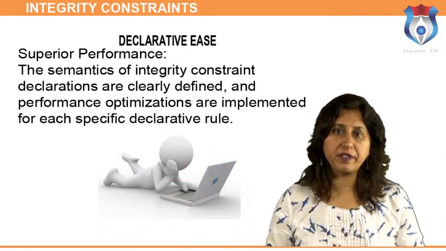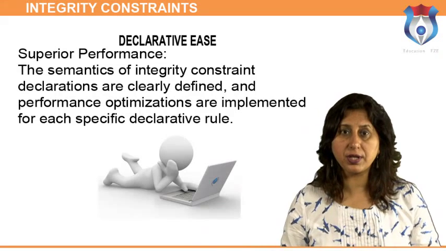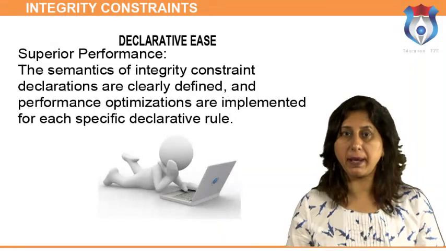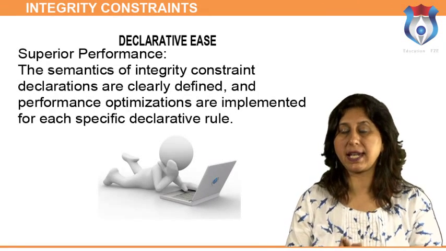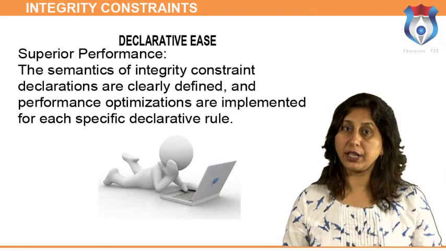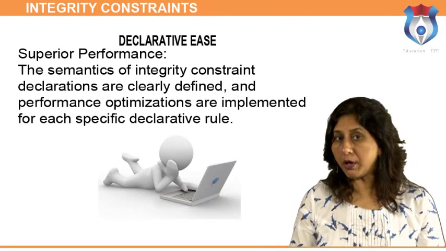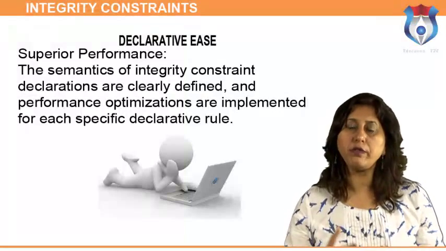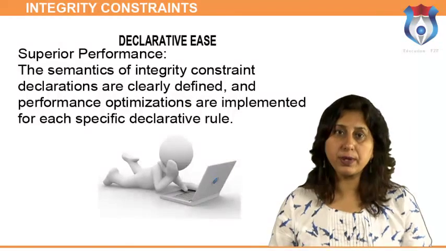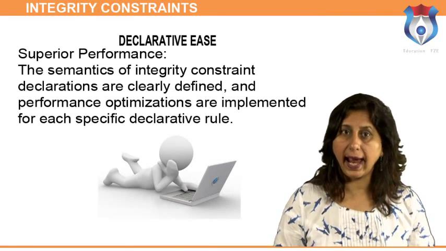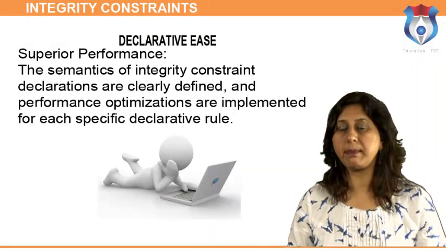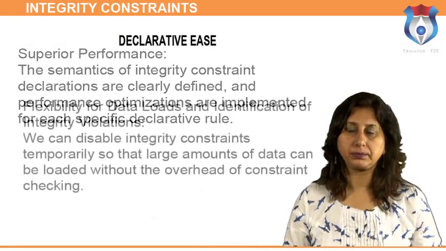The semantics of integrity constraint declarations are clearly defined and performance optimizations are implemented for each specific declarative rule. The Oracle Query Optimizer can use declarations to learn more about data to improve overall query performance. Also, taking integrity rules out of application code and database triggers guarantees that checks are only made when necessary.